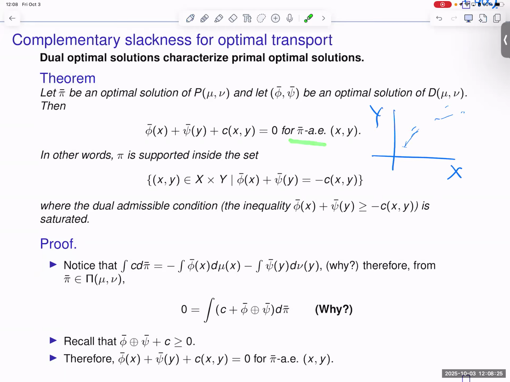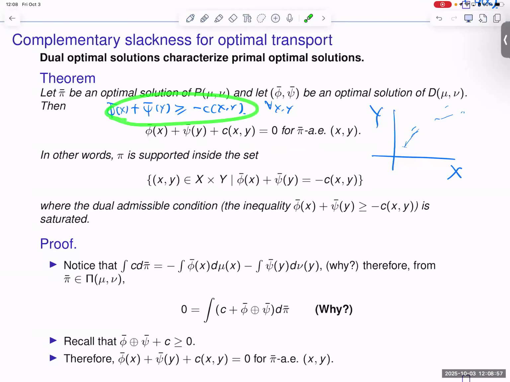that has support only where phi bar, psi bar satisfy this equation. We already had, remember, this is a general fact for phi bar, psi bar because they satisfy the constraint. And what this equation says is that the set of x, y satisfying equality is a kind of special set.